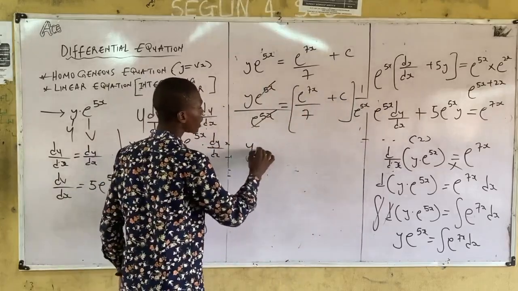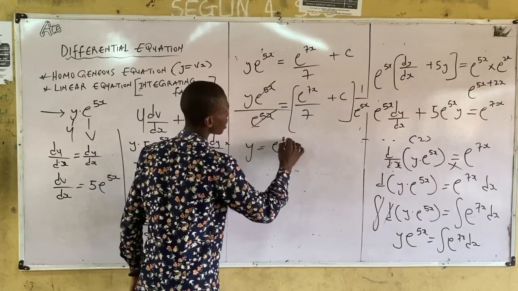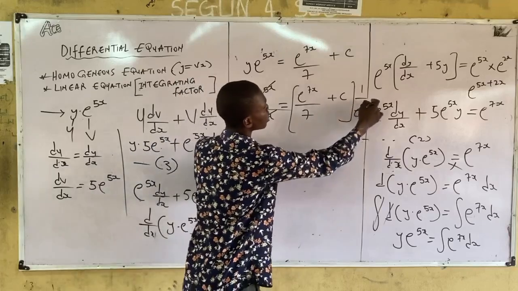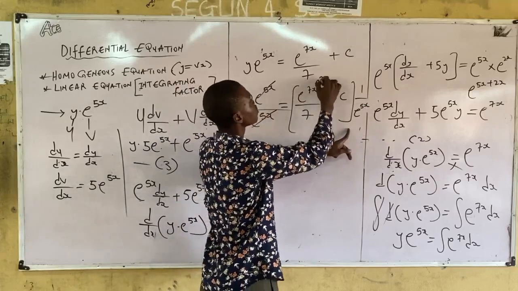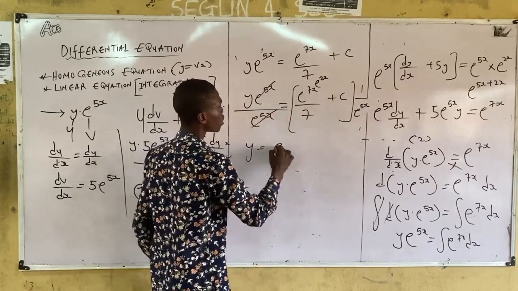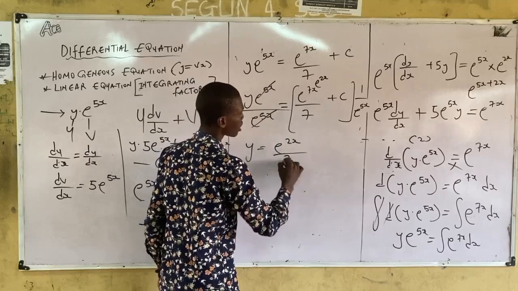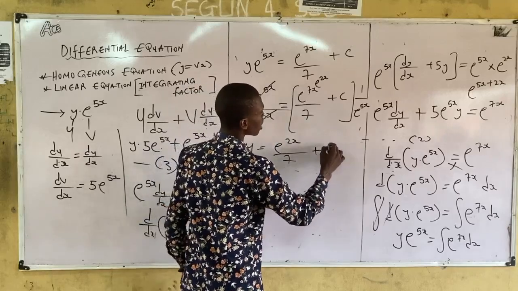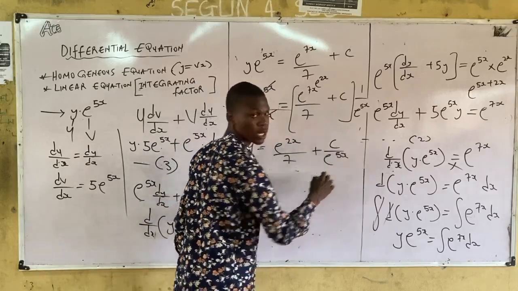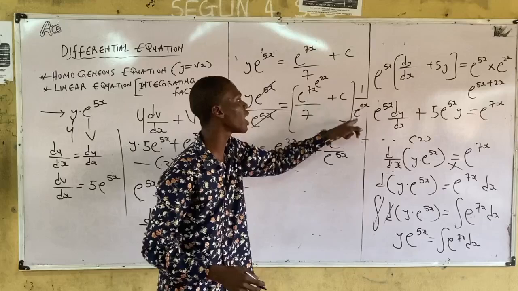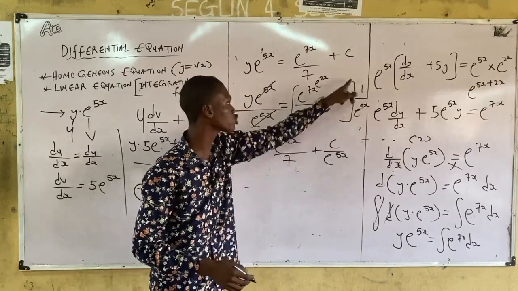We have y equals, from here, this cancels this, exponential 2x over 7 plus c over exponential 5x. This is 1 over exponential 5x, we multiply this, we also multiply this.